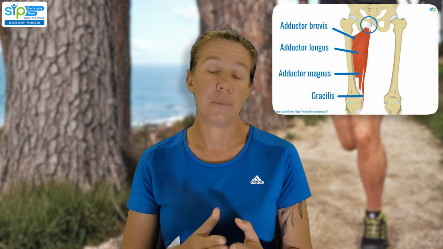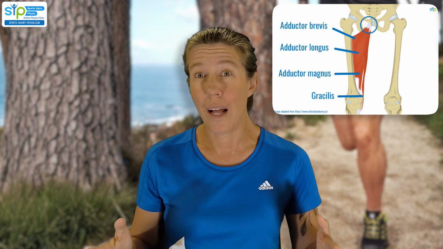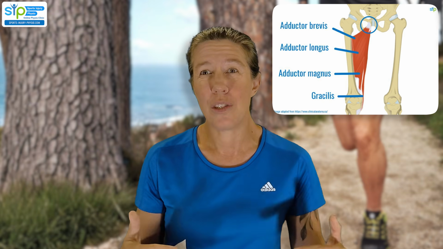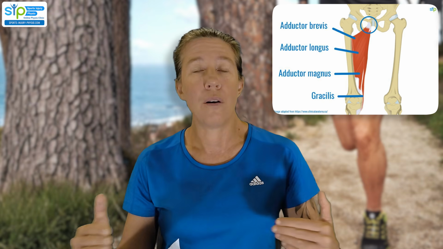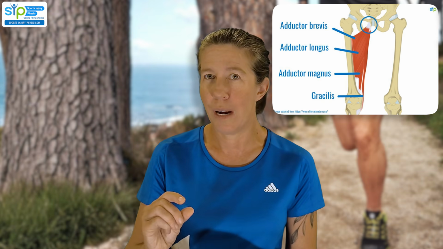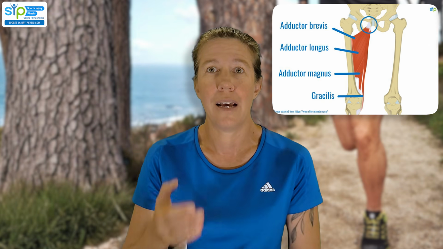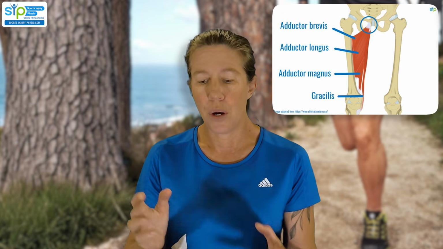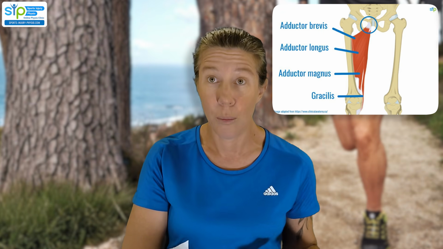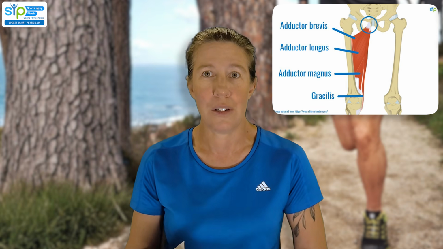However, it's not uncommon to get an adductor tendon tear in a runner, especially if you've had groin pain for quite a while and it's just been carrying on, so you've had a tendinopathy for a long time, the tendon loses some of its strength, and then it's more prone to sustaining a tear when you have a sudden step or you're just doing a run and the impact is too much for it. So tears are not uncommon in groin injuries, but it is more common to get a tendinopathy or tendonitis.